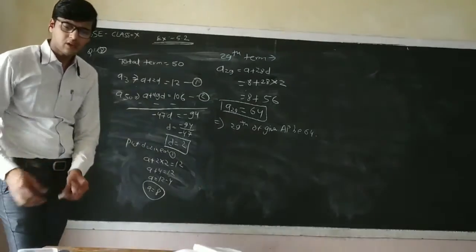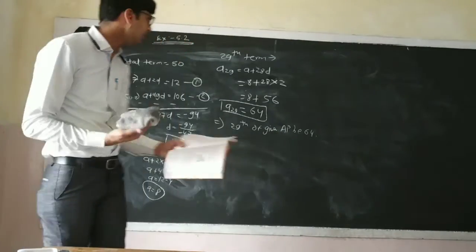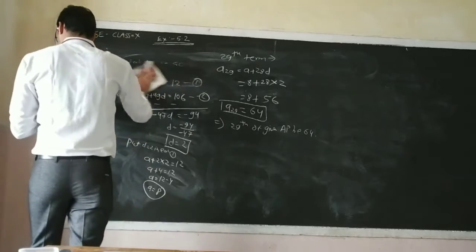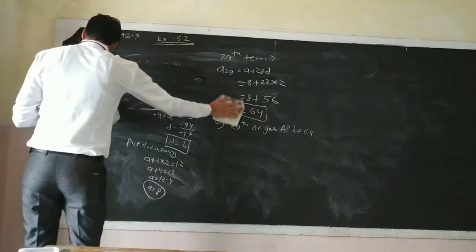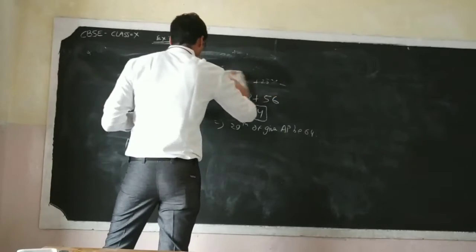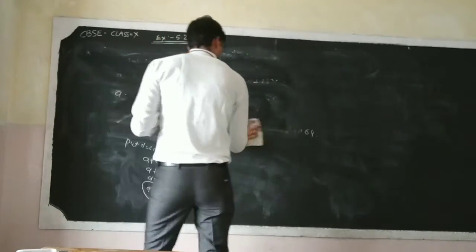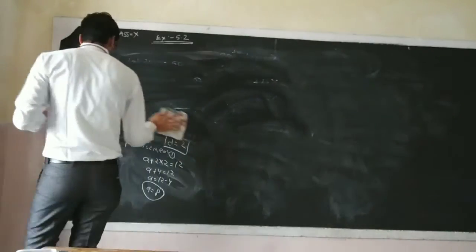Now take another question, question number 9. If the third term and ninth term of an AP are 4 and minus 8 respectively, which term of the AP is 0?